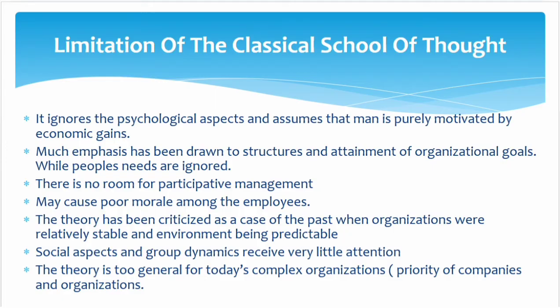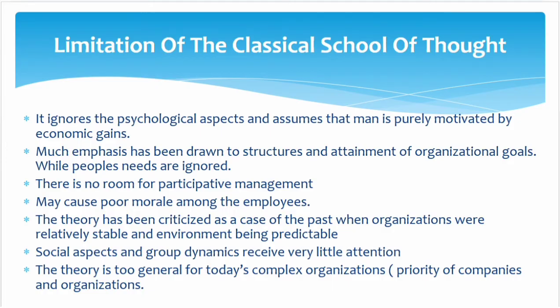Another one is there's no room for participative management, like we said earlier. Bureaucracy doesn't allow a participative method of management. In some cases they may cause poor morale in the office. When you work with the bureaucracy, sometimes it may be challenging for some employees.